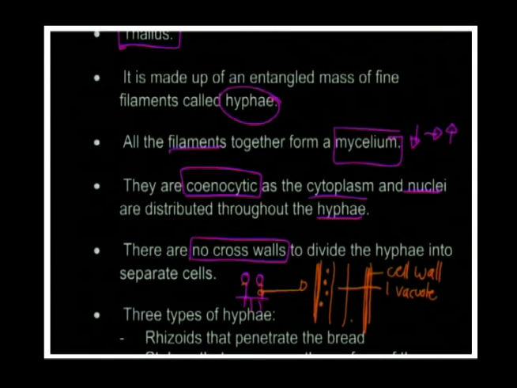Then, many, many, many of these little structures, and these are nuclei. So in other words, it's got many nuclei, and the correct term for that is multinucleate.